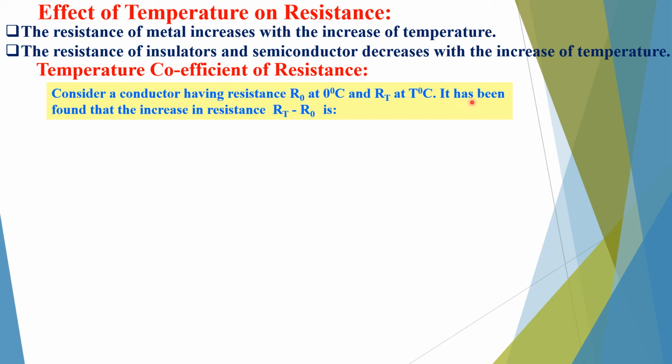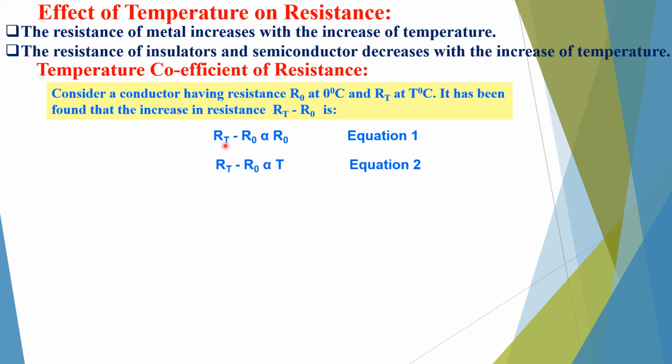T degree Celsius is final temperature of the conductor. It has been found that the increase in resistance RT minus R0 is directly proportional to initial resistance R0 and directly proportional to rise in temperature.